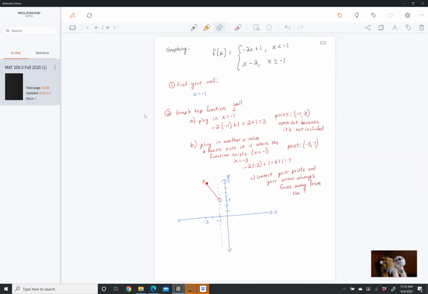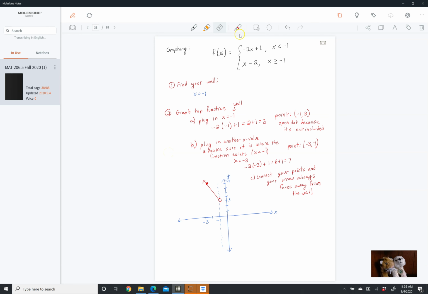Remember, the idea is that you can't go through a wall. It doesn't make sense. Why would you have an arrow that's saying go through the wall? So your arrow always faces away. So you connect your dots and then you're facing away. And now what you're doing is you're saying, okay, this is the function negative 2x plus 1, and it only exists on the left.